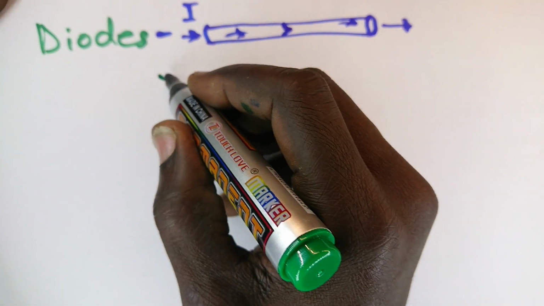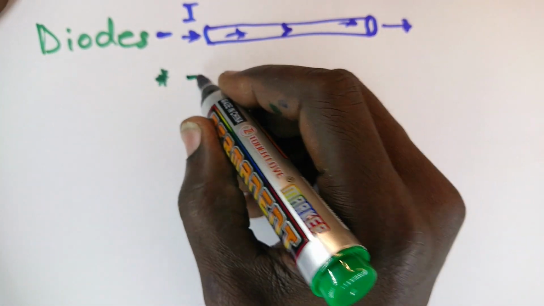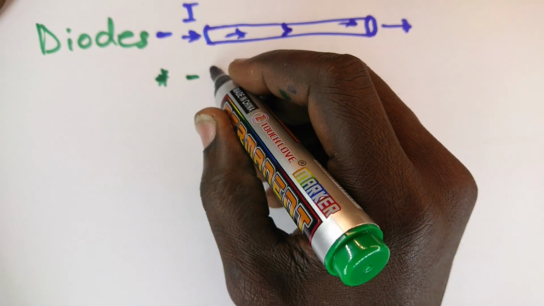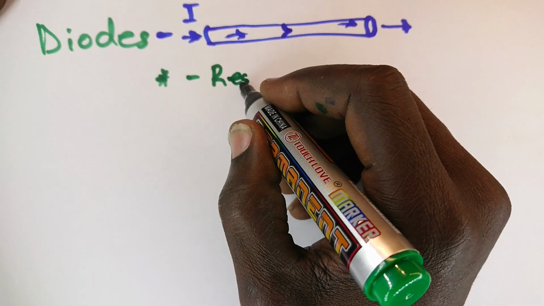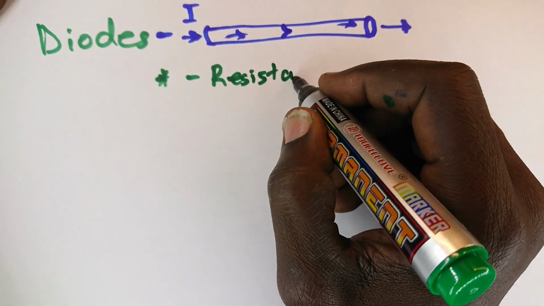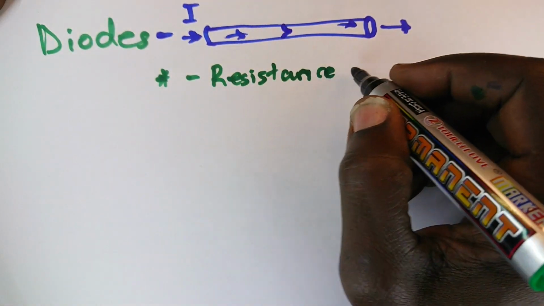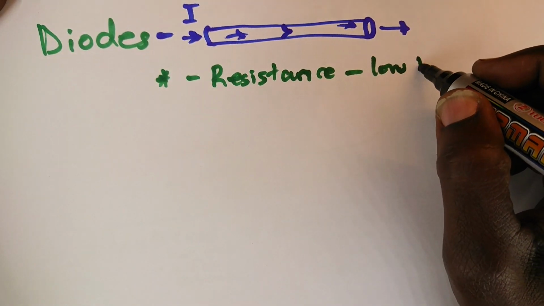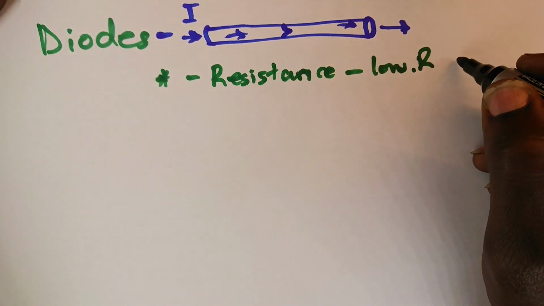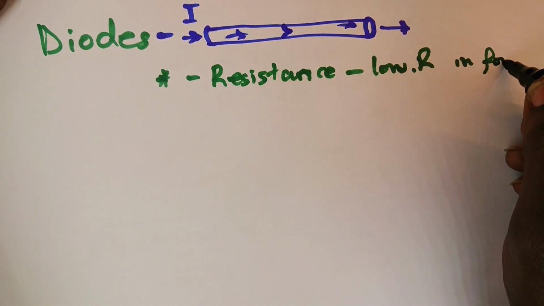Some of the traits of a diode: one, it has a low resistance in the forward direction. I'll just represent that as R in the forward direction.